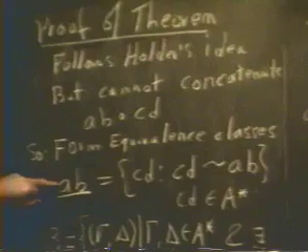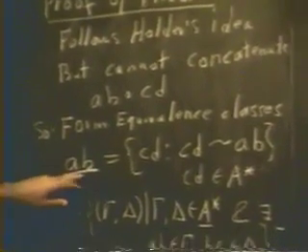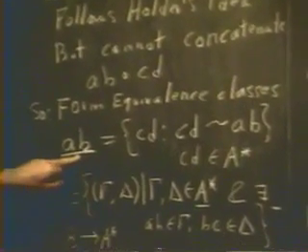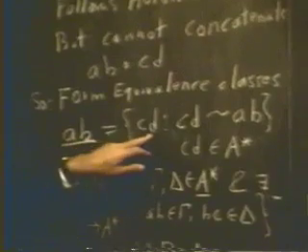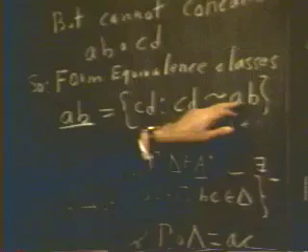So we form the equivalence class, given any interval AB, we form the equivalence class AB. I've shown that here by underlining in the text. It's printed in boldface. The equivalence class AB is the set of all intervals CD in A starred such that CD is equivalent to AB.